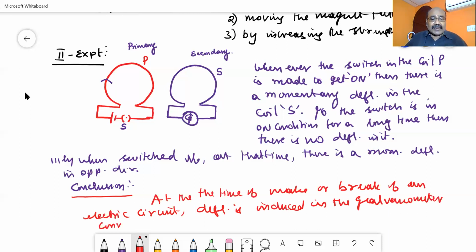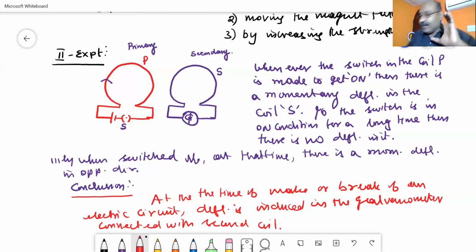So this is the experiment. From this experiment, you can state a law, or a definition of electromagnetic induction. Before stating the definition for electromagnetic induction, I have to explain why this deflection is taking place.